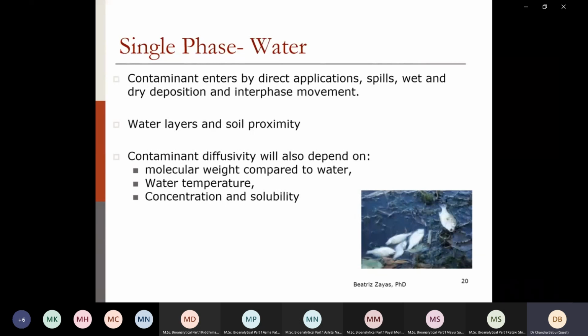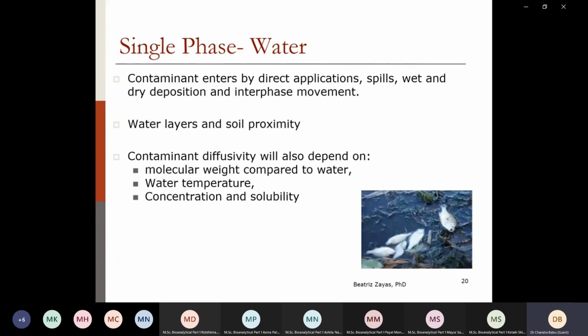If we're thinking about how contaminants will move in water, they enter water by direct applications, through spills, and wet and dry deposition. It also involves movement between levels of the water, and it will be affected by the proximity to soil. So if you have water that is closer to land, you will have contact with land, and that will definitely affect how these substances move in water.